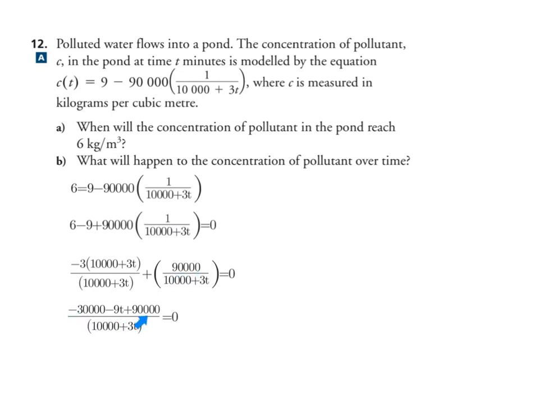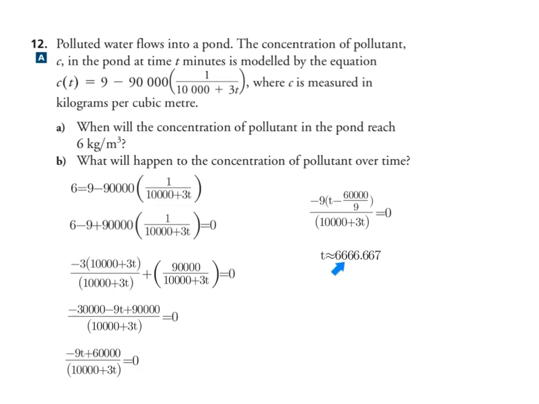Negative 30,000 plus 90,000 is just 60,000. All right, let's pull the leading coefficient of negative 9 out of the top here. There you go. And now there's only one way that this can equal 0, and that's if t is 60,000 divided by 9.